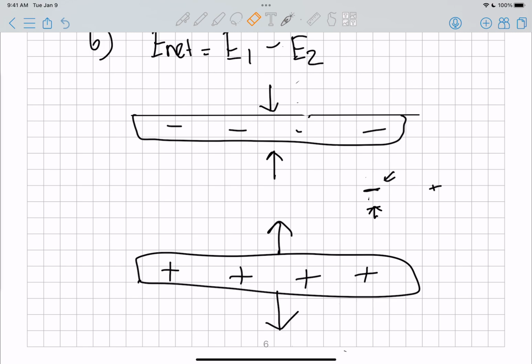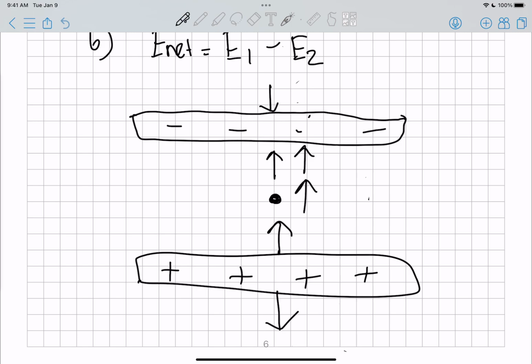With that being said, you can see that if I had a point that I was looking at here, and once again, that point is usually just defined as a positive test charge by convention, then that positive charge would move upwards from the positive sheet charge, and it would also be attracted upwards by the negative sheet charge.